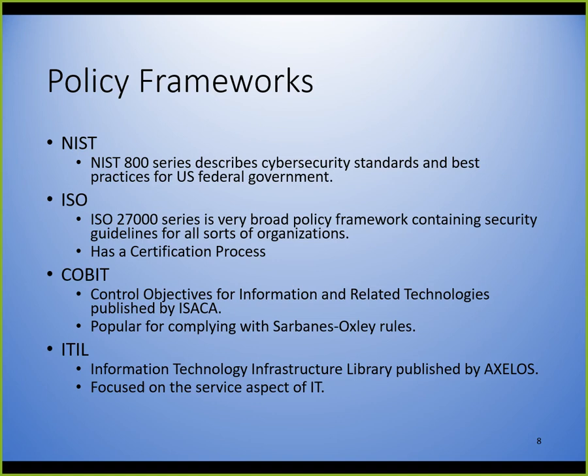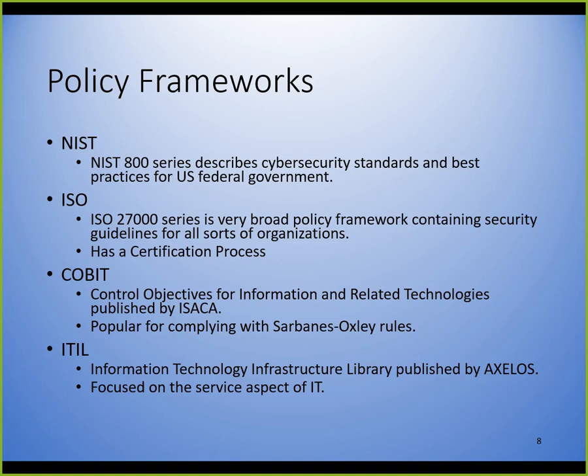The policy frameworks: NIST, the National Institute of Standards and Technology, has a series of documents that describes the cybersecurity standards and best practices for the federal government. And a lot of industry uses that series in order to apply controls. What should we do? What shouldn't we do? ISO 27000 series, a broad policy framework containing security guidelines for all sorts of organizations, and it has a certification process, and I see things that ISO 9000 certified companies can do.